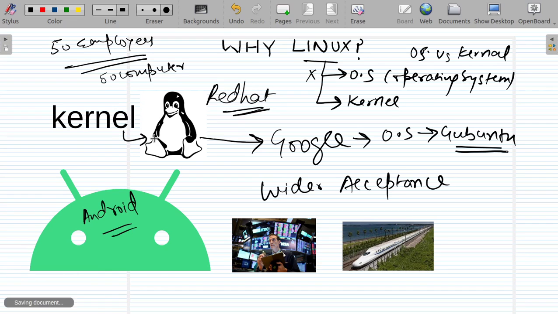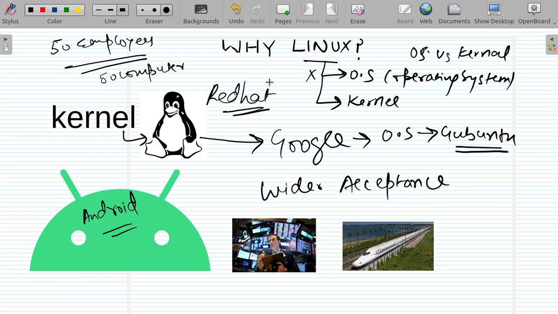Some distributions, that is, some operating systems based on the Linux kernel, are paid, with some small amount, for which they provide you support and other important things. Red Hat also conducts some examinations which certify you as a Linux user, which are also paid, right?